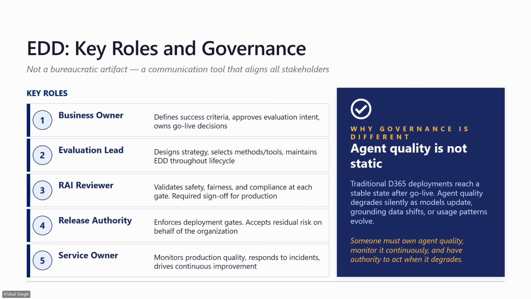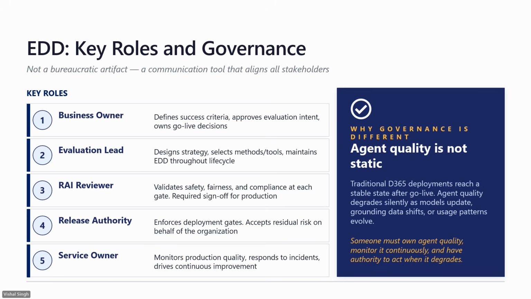So, the 5 roles, because when governance breaks down on an agent project, it's almost always because nobody knew who owned it. The key roles are the business owner, who defines the success criteria, approves evaluation intent, and owns the go-live decision. The evaluation lead designs the strategy, picks methods and tools, and keeps the EDD alive throughout the life cycle. The responsible AI reviewer validates safety, fairness, and compliance at every gate.